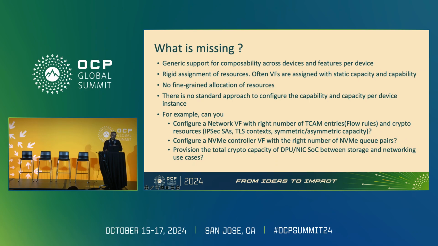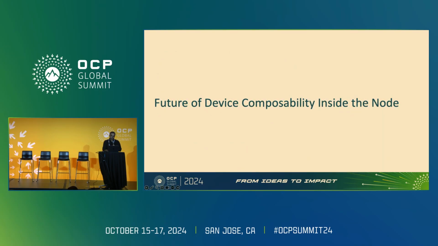Can you control how many IPsec contexts, how many TLS contexts, what's the symmetric crypto versus asymmetric capacity before you provide that VF to your workload? Similarly for NVMe, can you control the number of queue pairs, number of namespaces and such? So these are the kind of questions we are trying to answer when we are trying to come up with a composable infrastructure using DPUs.